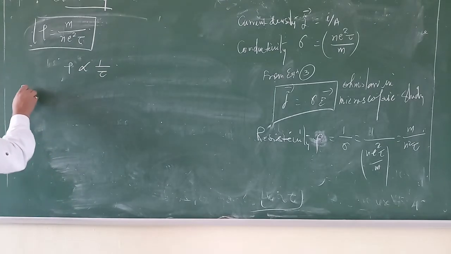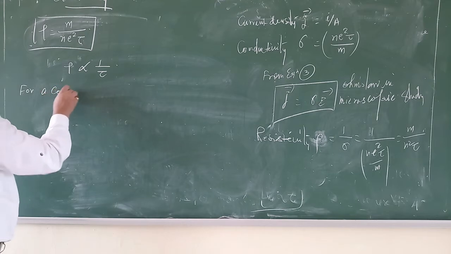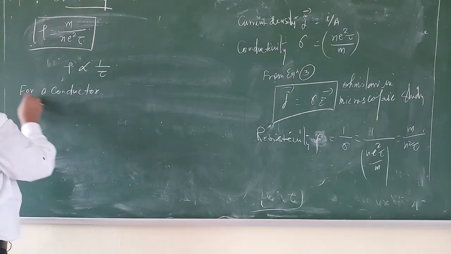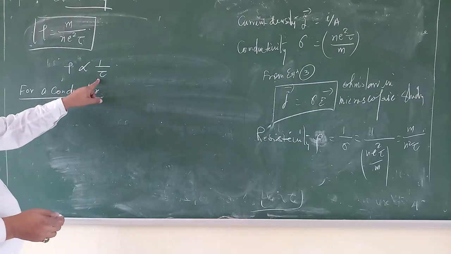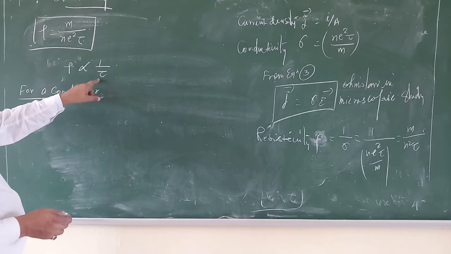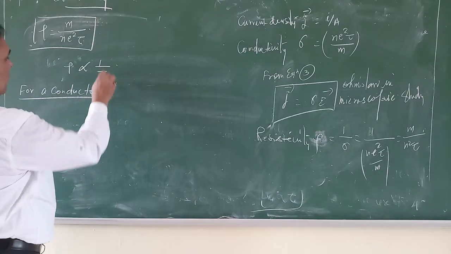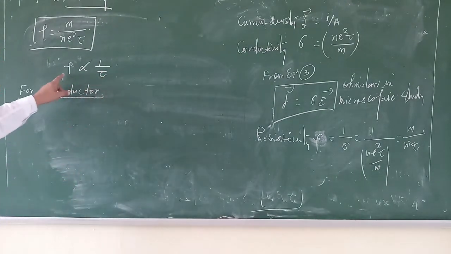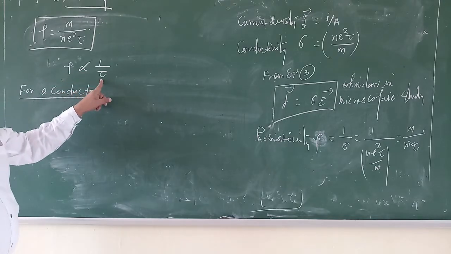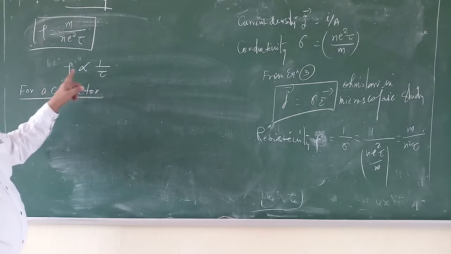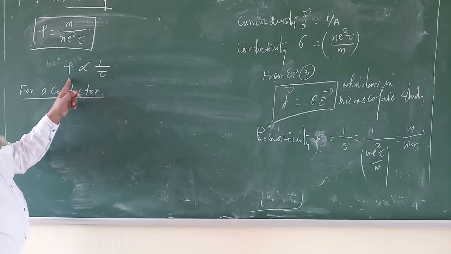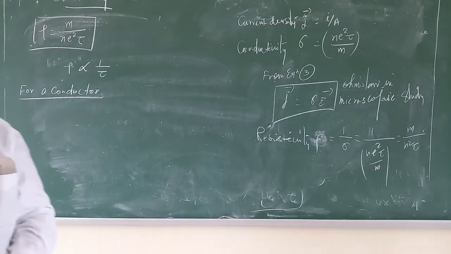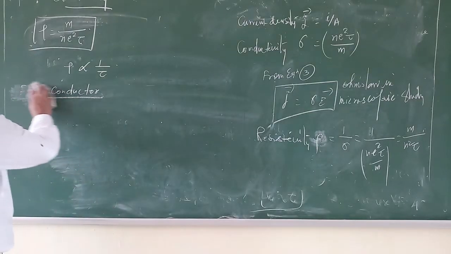Means for a conductor, if the relaxation time tau decreases, then resistivity increases, and if tau increases, resistivity decreases. So resistivity depends upon temperature.